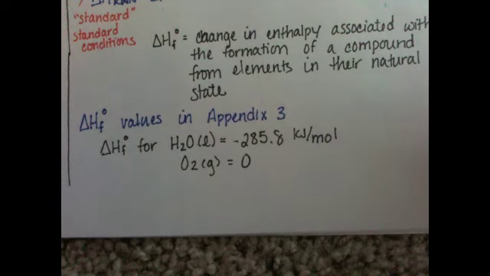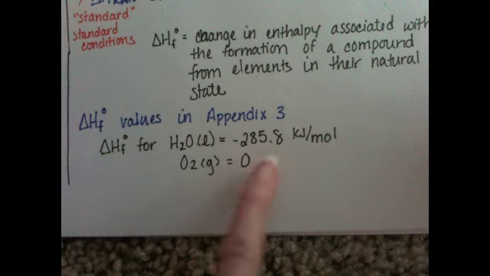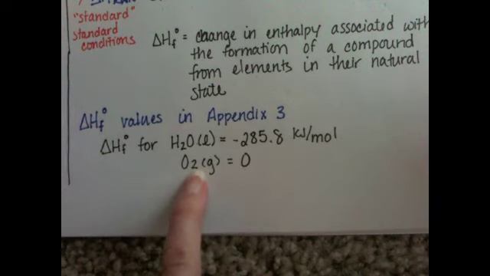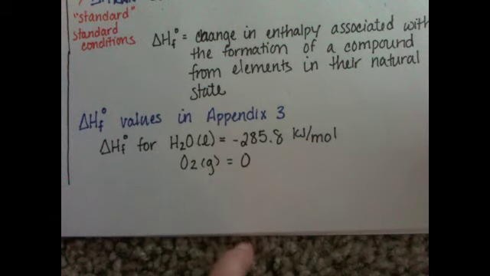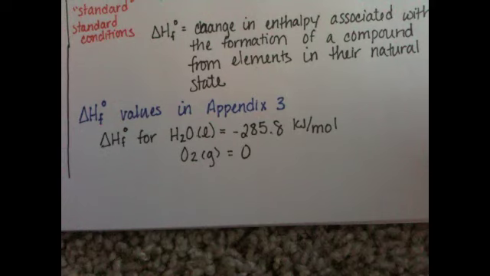That's the one thing that I do need you to know on your test. If you look up the enthalpy of formation for ozone, O3, you'll see it's not 0. That's not the natural state of oxygen. Oxygen's natural state is O2 gas.